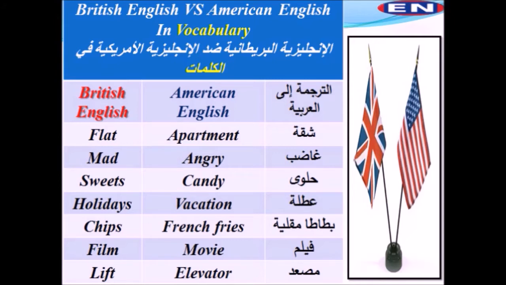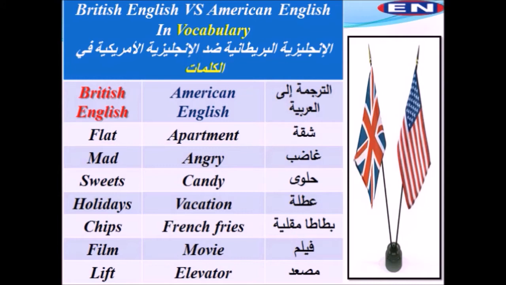Next word, sweet. In American English, they say candy, which means halwa. The other word we have is holidays. In American English, vacation. It means عطلة. Another word we have is chips, or fries in American English, which means batata مقلية.